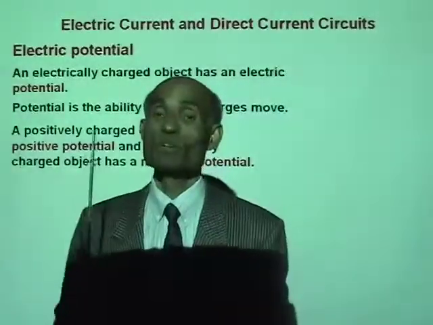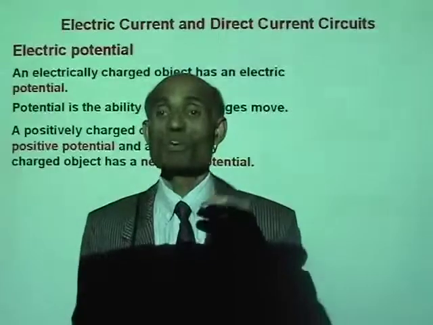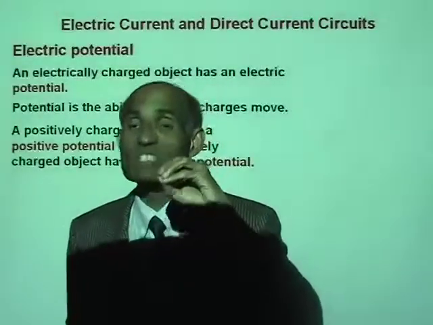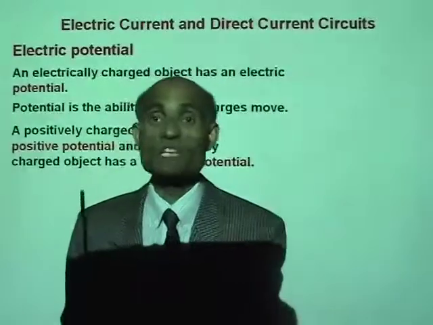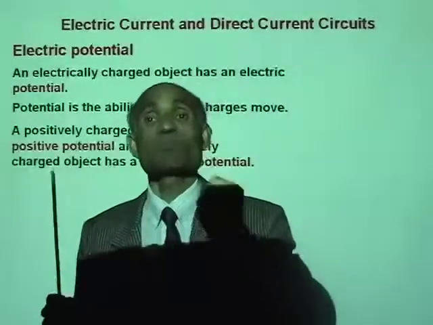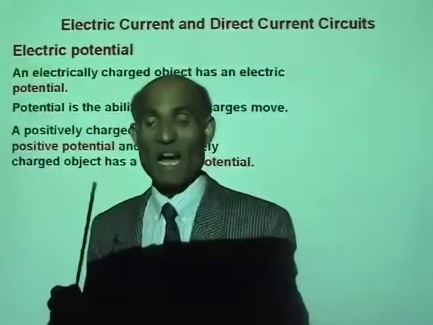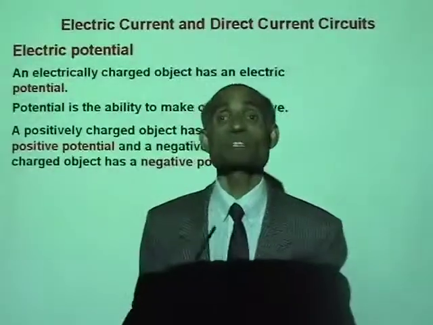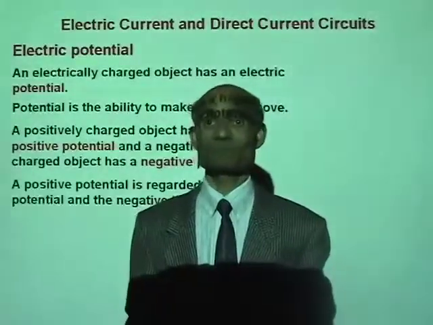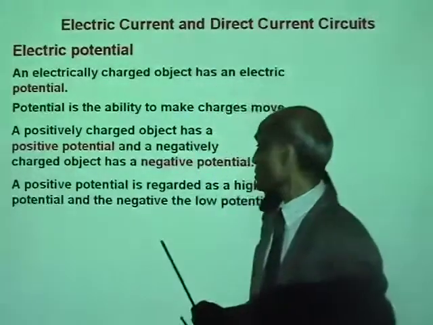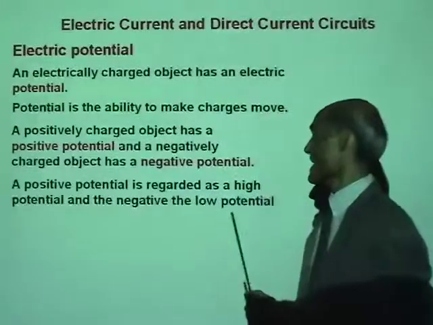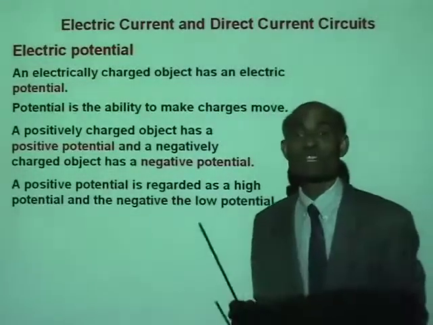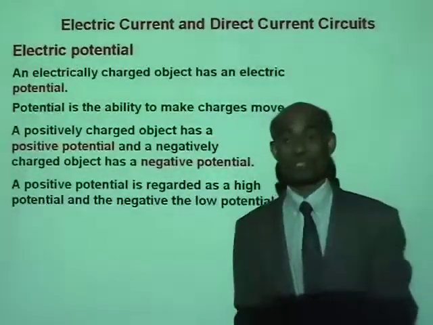But when you define a potential, we are going to look at our standard positive charge. So, a positively charged object has a positive potential, and a negatively charged object has a negative potential. Positive potential is regarded as a high potential, and negative potential is regarded as a low potential.